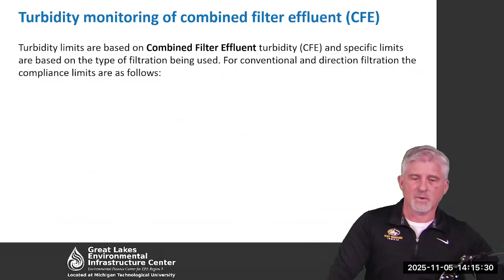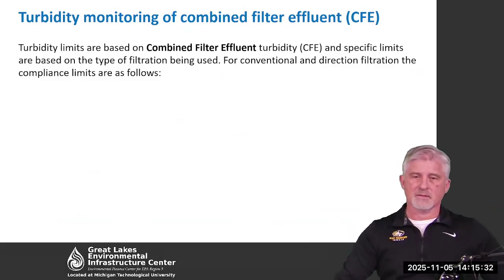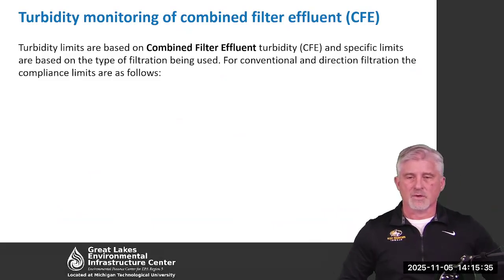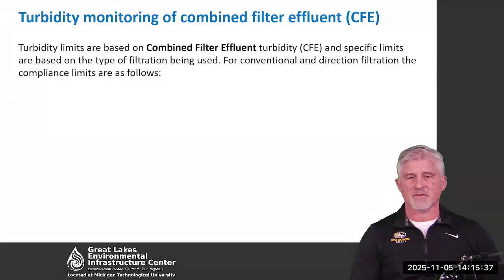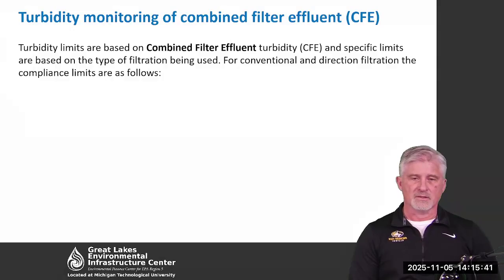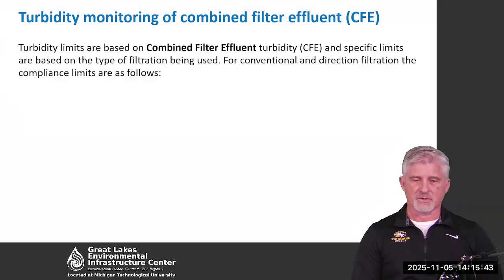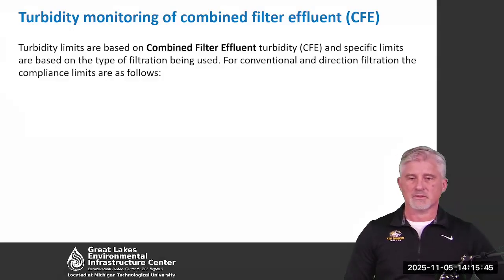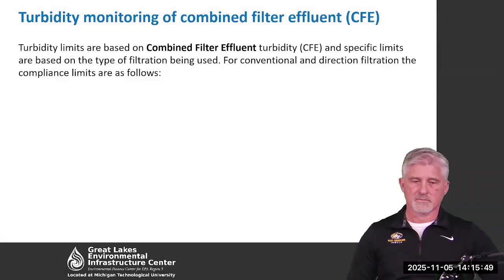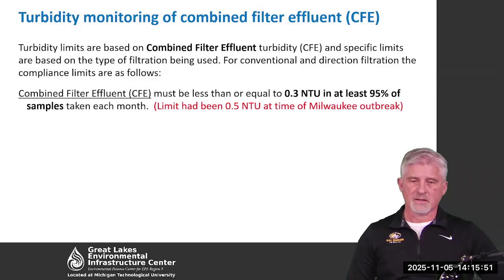So let's cover the specifics on turbidity monitoring. The limits are based off the combined filter effluent, and what type of filtration we're using. For conventional and direct filtration, these are our limits. For combined, it must be less than or equal to 0.3 NTUs in at least 95% of samples taken each month.